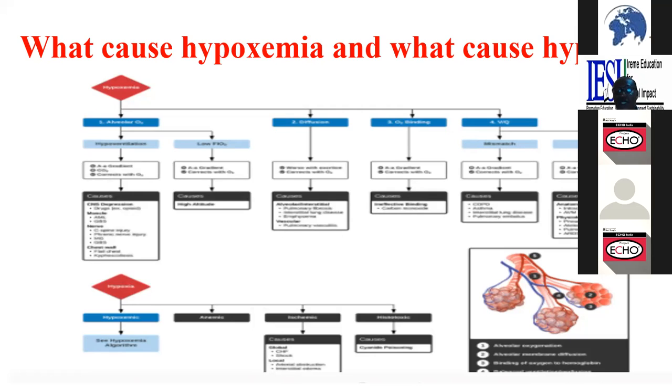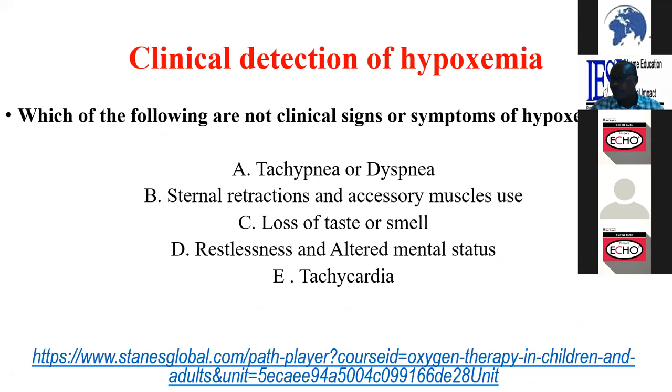Another was anemic: the hemoglobin carries your oxygen, and when your hemoglobin level is low, you get hypoxia because of loss of transport. And that will be ischemic, where there is a kind of diffusion impairment.